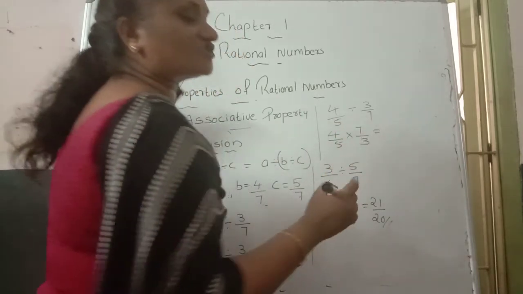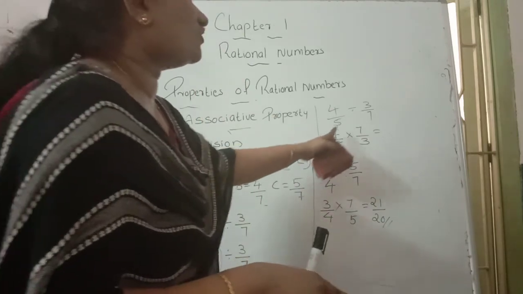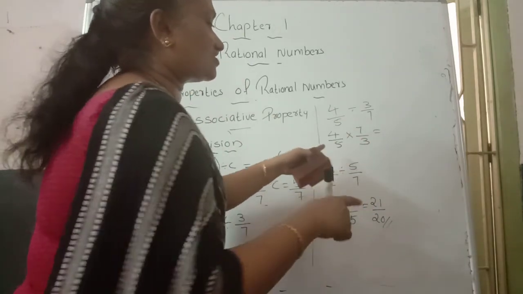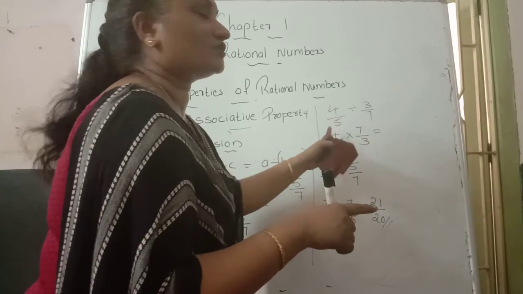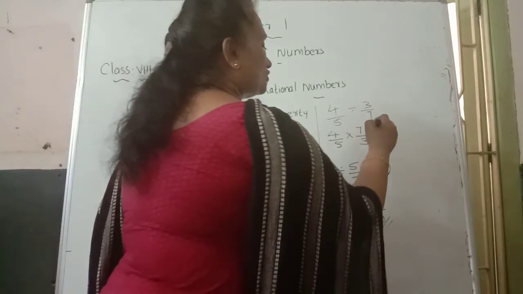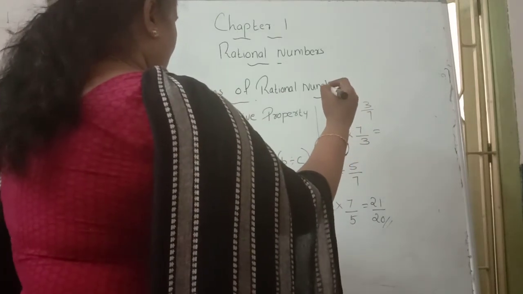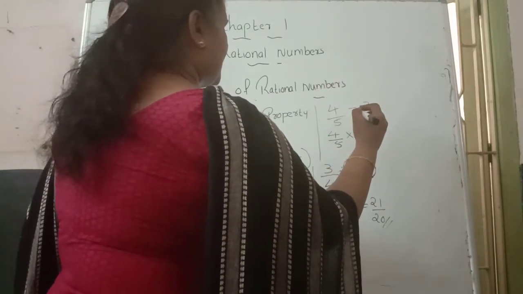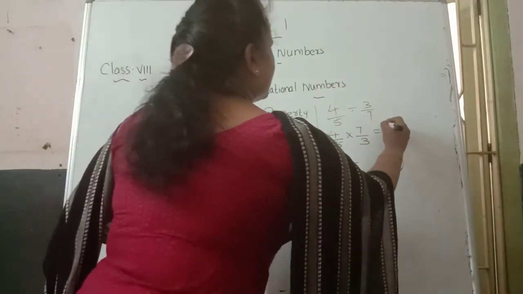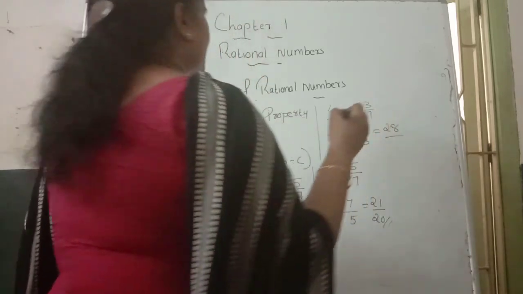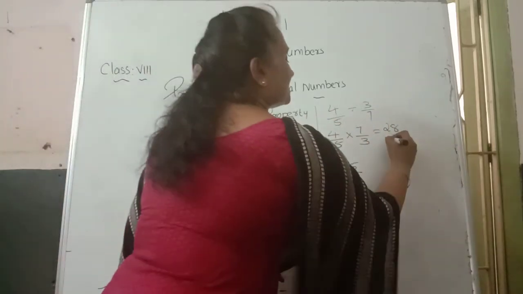Taking the reciprocal and multiplying, cancellation is not possible between 4 and 7, so we multiply numerator into numerator. 4 sevens are 28, by 5 threes are 15, so 28 by 15.